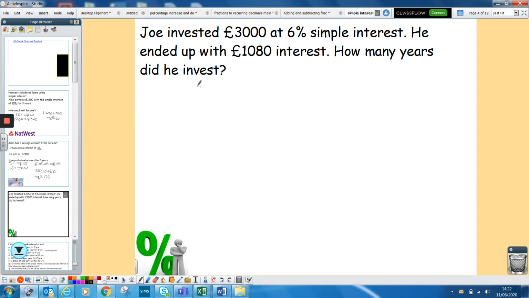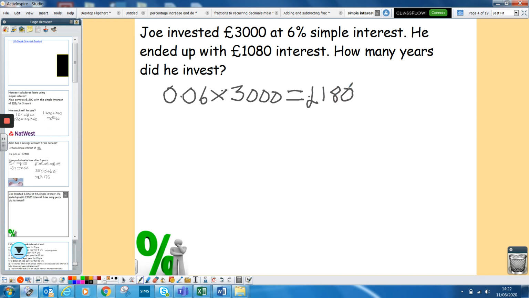So remember, 6%. To do this on a calculator, we can't put percent in, so we change that to a decimal. Remember, divide by 100. So that is 0.06 times by 3,000. It's just finding the 6%, but using the calculator method this time. So 0.06 times 3,000 gives me £180.